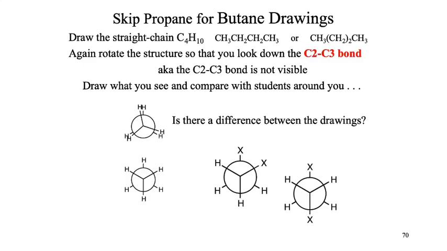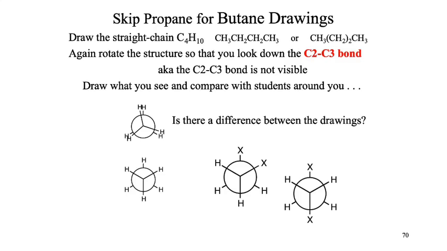When we go through and look at our drawings, we had our eclipsed versus our staggered as differentiators. As soon as we bring in two non-hydrogen things, it changes our interactions. And we'll get the same kind of thing with our eclipsed, but again, I don't care to name those. What I do care to name are the low energy staggered.